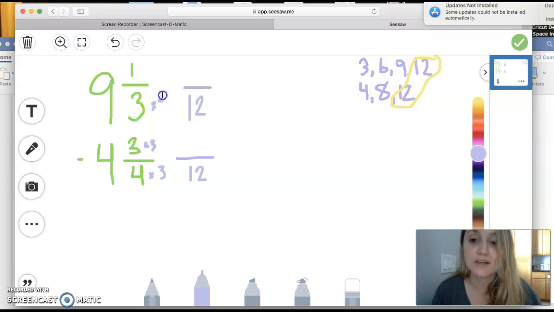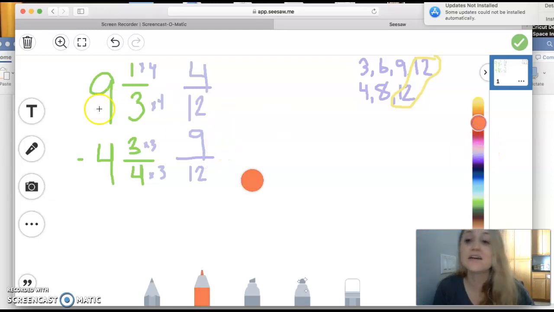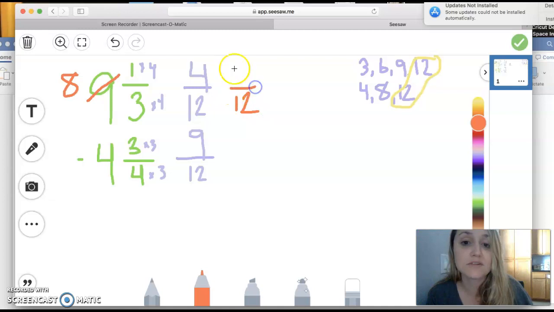So I have 4 and 9. Then I'm going to come over to this side and borrow. Because I have 12 as my denominator, I'm just going to do 12 over 12, and that makes it easy.